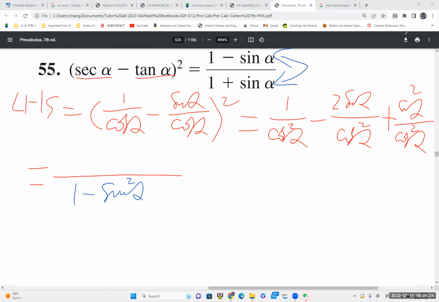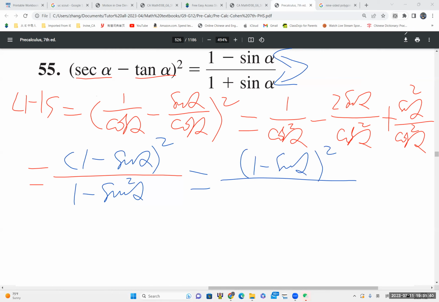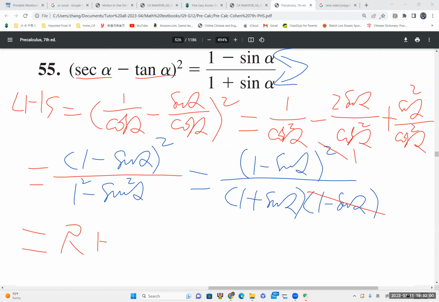So for the top, it's just 1 minus sine alpha square. Then keep going. This is a difference of squares, so it's 1 plus sine alpha, 1 minus sine alpha. Then I can cancel 1 minus sine alpha. Cancel 1. Here go to 1. Then I get the answer. So it's the right hand side, right?